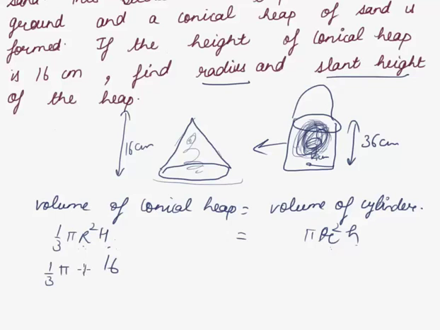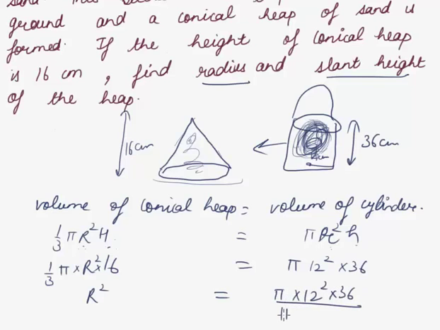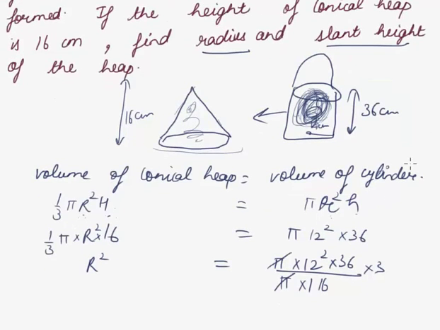So the height of conical heap is 16 and we have 1 by 3 pi r square, whereas here we have radius as 12 centimeters and height as 36. So radius can be calculated by simple mathematics and it will give us pi will get cancelled and this 12 can be written in 12 into 12 because of the square.